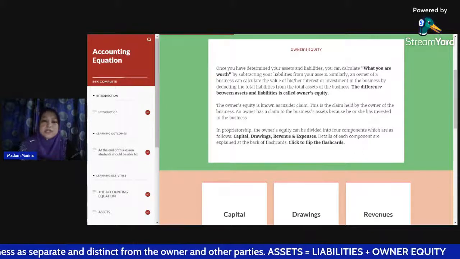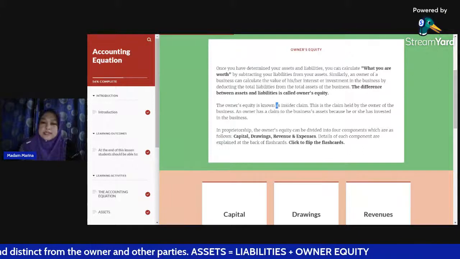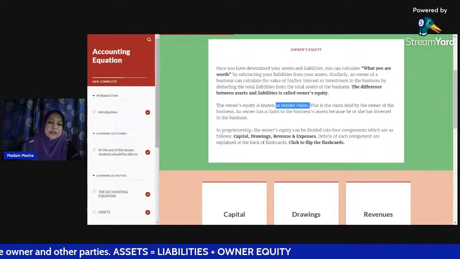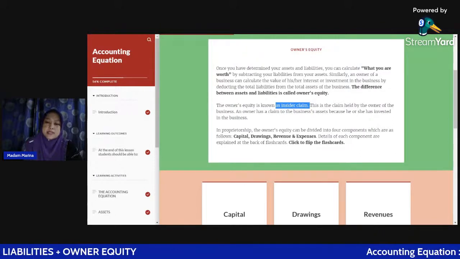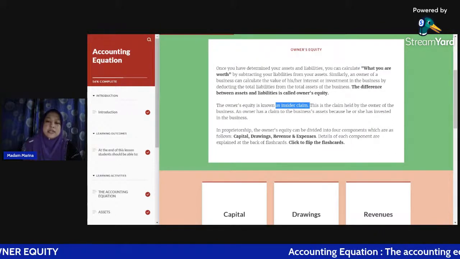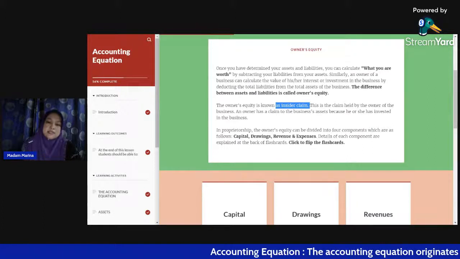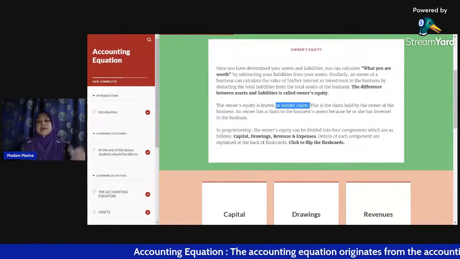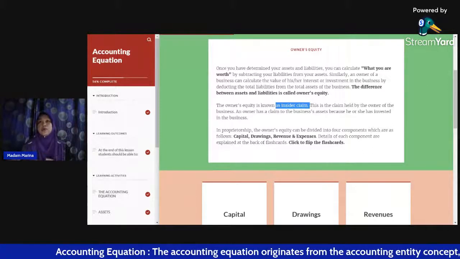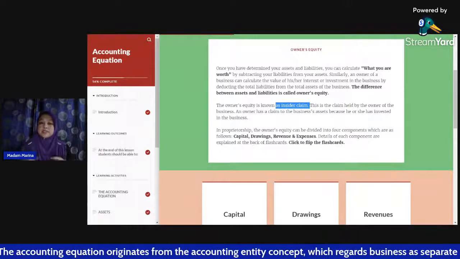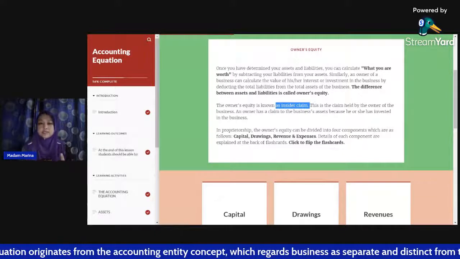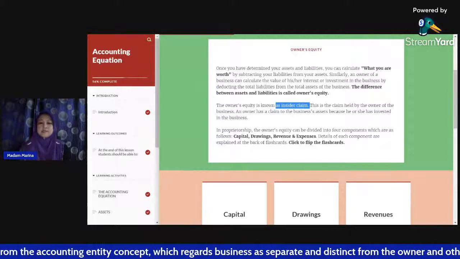So the owner equity, known as the insider claim, is the claim held by the owner from the business. It is like the business actually owes the owner itself, because the owner is a separate entity from the business.